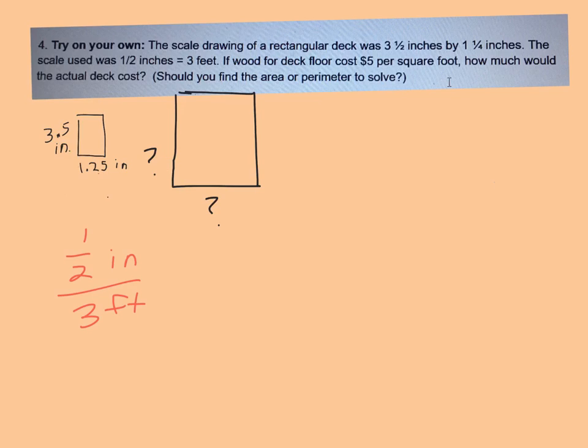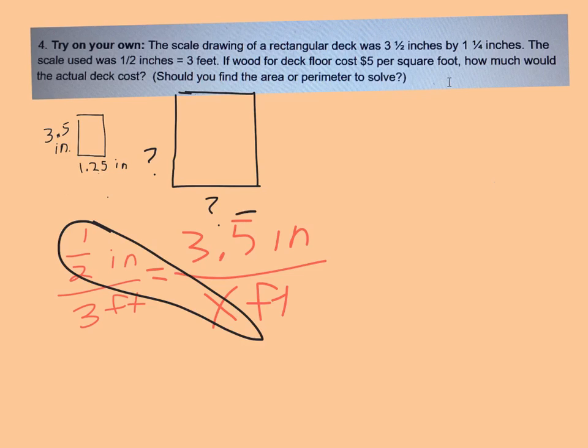All right, so I'm going to write 3.5 inches here over, we don't know how many feet. So we can solve this using these ratios and cross multiplication. So I am going to multiply 1/2 times x and 3 times 3.5.